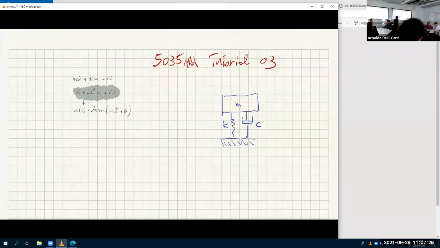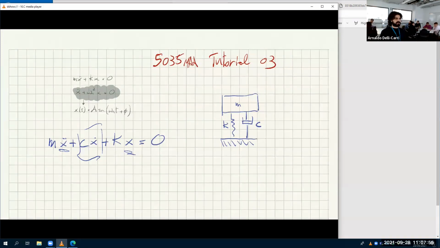Now, if you do the free body diagram of this, you get that the equation of motion is m x double dot plus c x dot plus k x equals 0. Now, this is the equation of motion for this system here on the right. And you see that the difference is just that we have added this term, which depends not on the displacement, not on the acceleration, it depends on the velocity. So the first derivative of the displacement.